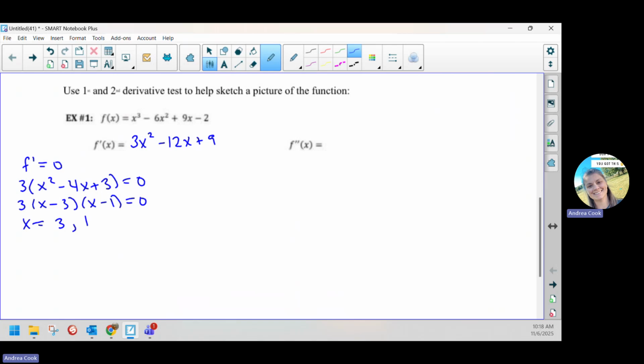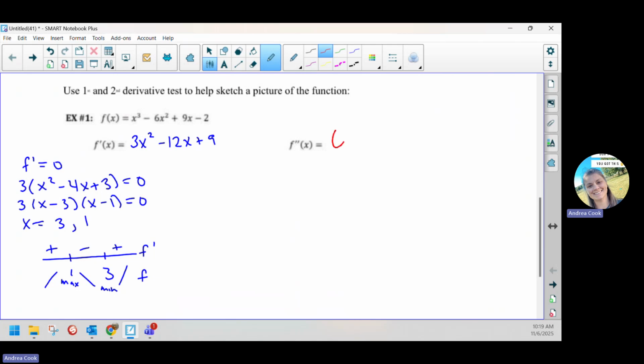And I'm going to make a number line and put my critical values, label f prime, and f prime is going to be positive, negative, positive, which means f is increasing, decreasing, increasing, which means at 1 we're going to have a maximum, and at 3 we're going to have a minimum.